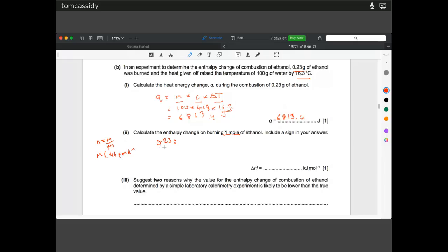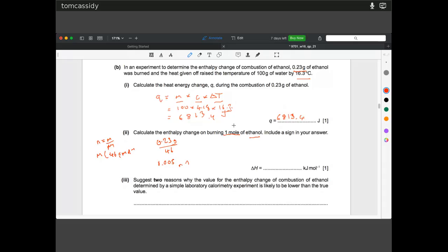If we divide this by the molar mass, then we find out that we've got 0.005 moles of ethanol.